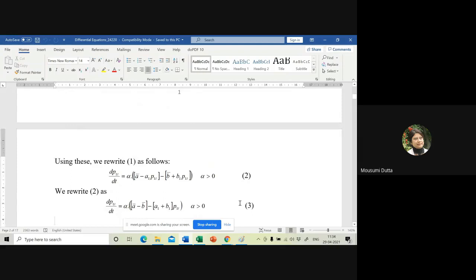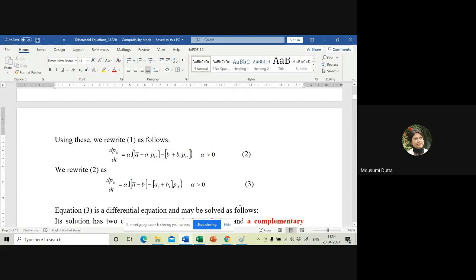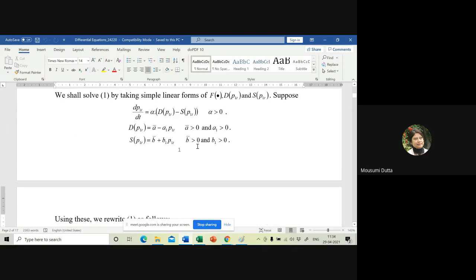There may be some mistake in notation or sign, therefore I'm using the Word file. So using this, we write equation 1 as follows. What I'm doing in this first equation, I'm replacing d by a bar minus a1 p1(t) and replacing s by b bar plus b1 p1(t).